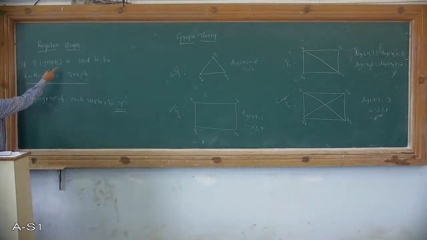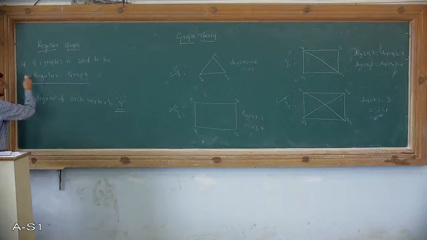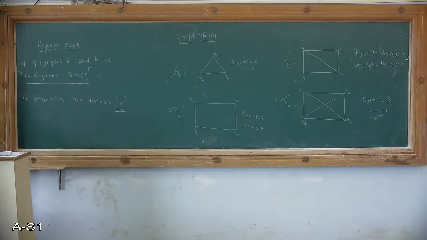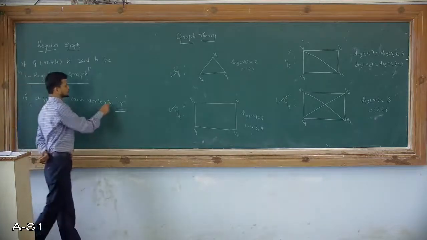This is a very important statement. G is said to be an R regular graph if the degree of each vertex is R.